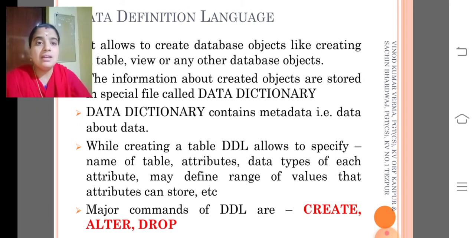The major DDL commands are create, drop, alter, use, show and describe. Use, show and describe are not given on the screen. Actually, use, show and describe are other major commands in DDL along with create, alter and drop.